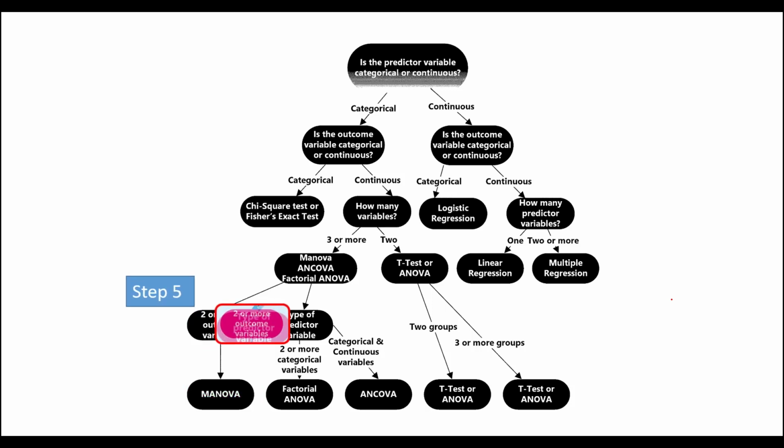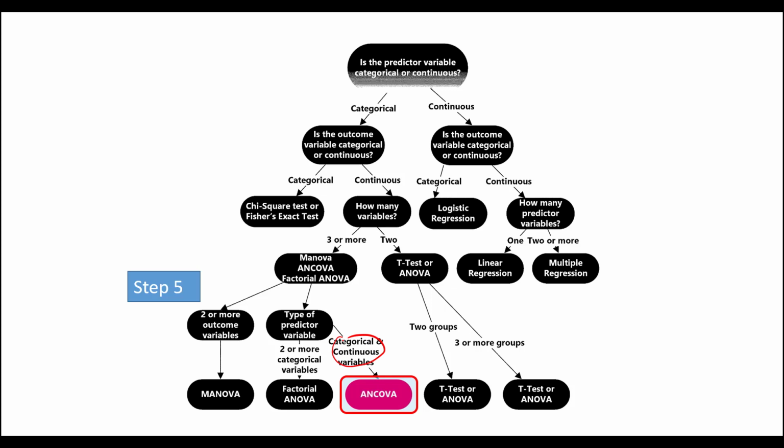When the extra variables are predictors, your options will depend on whether all of them are categorical or they are a combination of continuous and categorical variables. When all the extra variables are categorical predictors, you opt for factorial ANOVA. On the other hand, when you have a combination of categorical and continuous predictor variables, as shown, then you opt for ANCOVA.